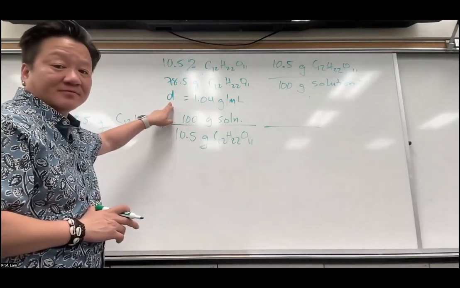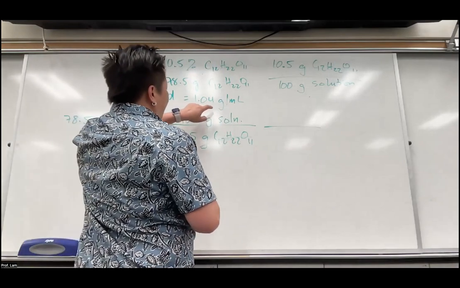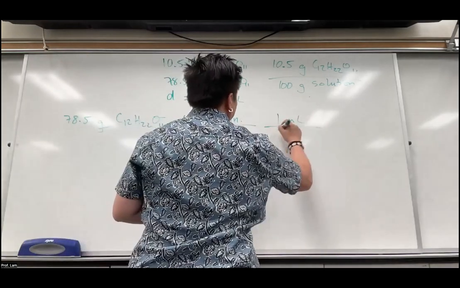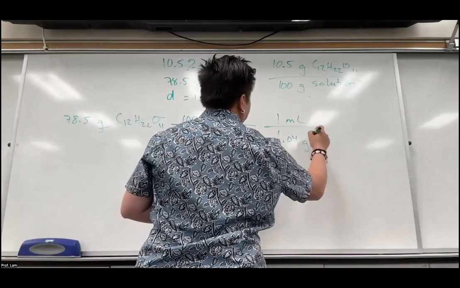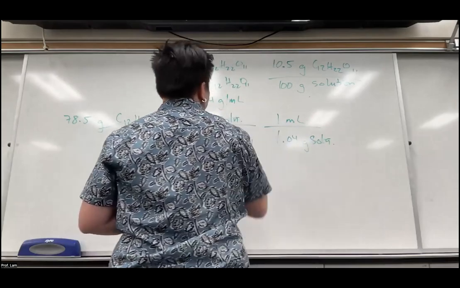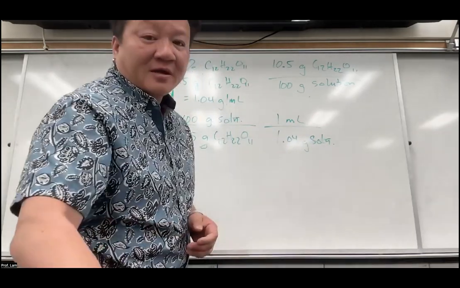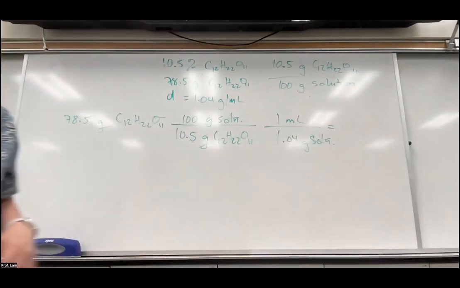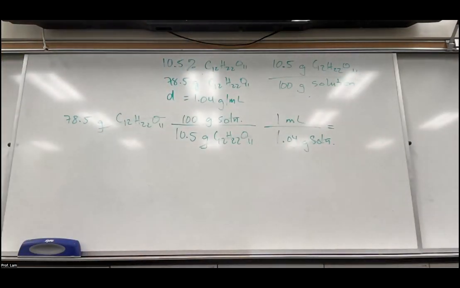Use the density, okay? So grams on top right now, we want volume on top, so that's milliliter, 1 milliliter over 1.04 grams of the solution. Right. And that's it, right? It wants it in milliliters, so that's all we gotta do.